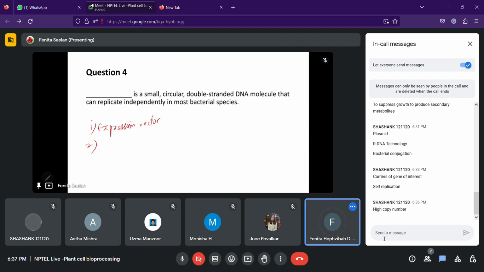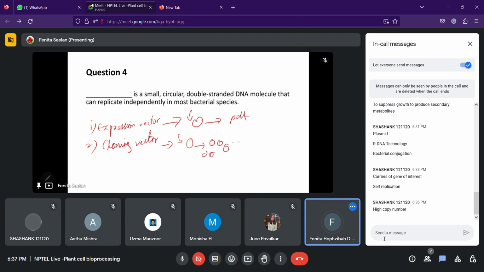Expression vector and cloning vector. So what is the purpose of the expression vector? It will express whatever gene you are putting inside it and give you the product. What does a cloning vector do? Whatever gene you are putting inside, it will clone it, make multiple copies and give it.